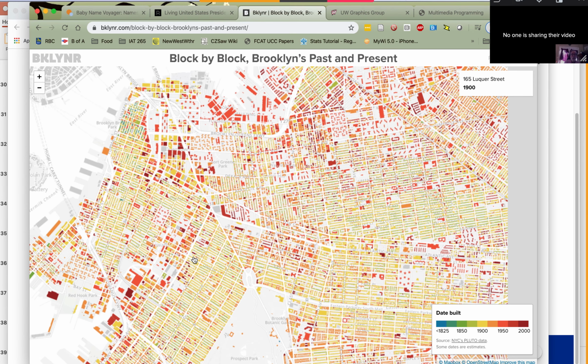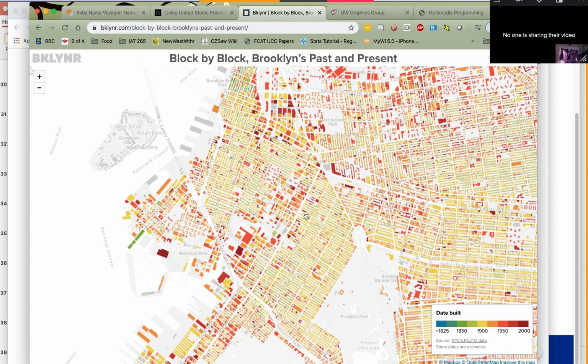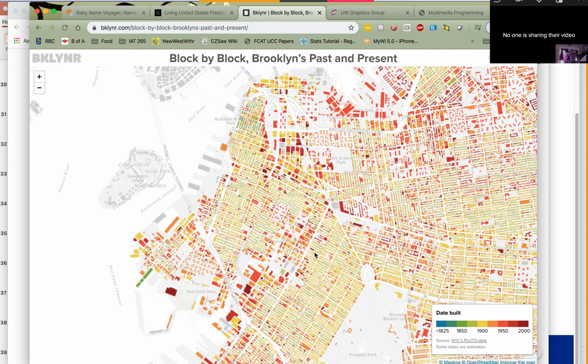This is a plot of Brooklyn, New York. And here what's being depicted is the age of the buildings in that neighborhood. He's using color here to indicate age ranges in, I think, 25-year chunks, so 75 to 2000, 50 to 75, et cetera, and the blue is before 1825.